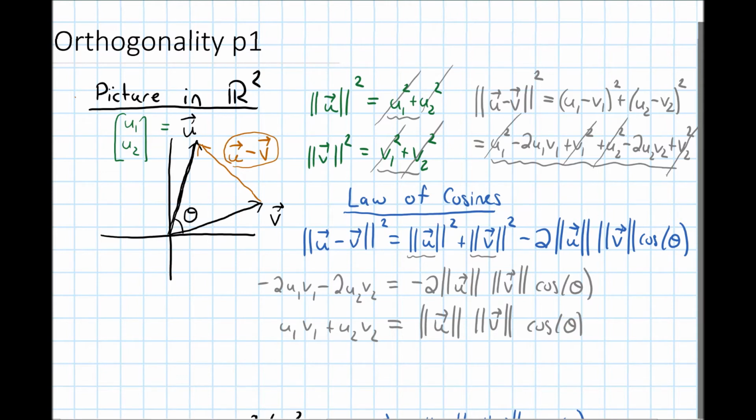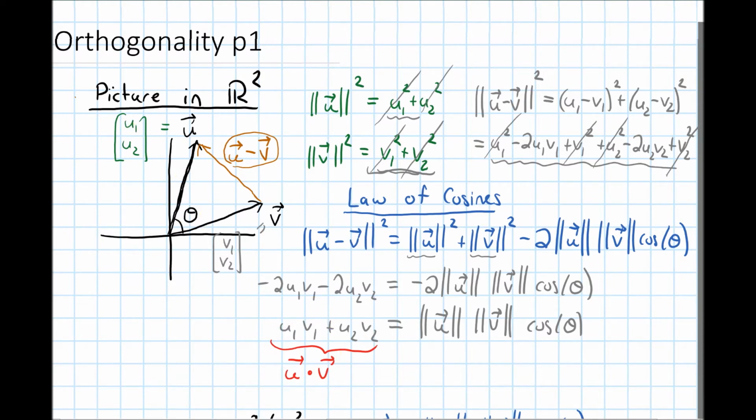Now there's something I want to notice about this. If we think of v as the vector v1, v2, which we've implicitly been doing here, notice that this left-hand side is actually the dot product of u and v, because we've multiplied the entries of u and v entry by entry, and then summed them.